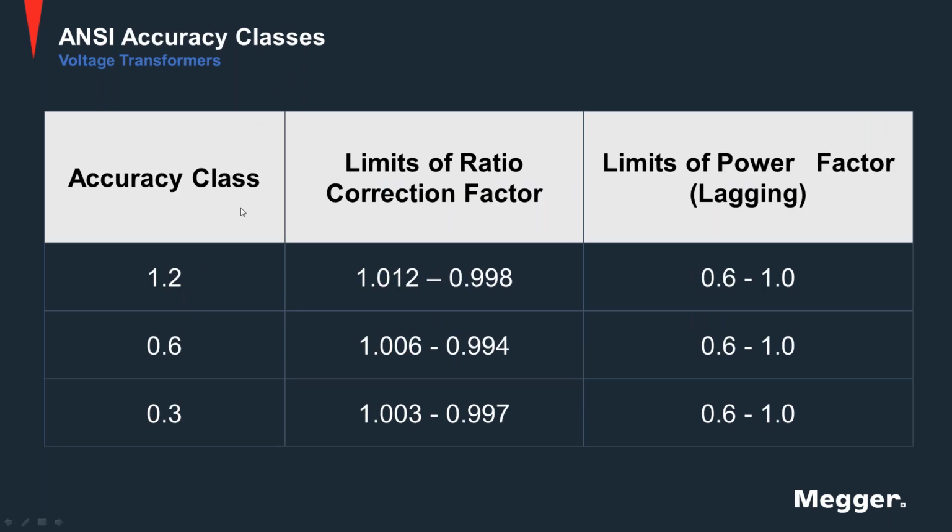For the voltage transformer accuracy, we have 1.2, 0.6, and 0.3, for example. And we have these limits of ratio correction factor, 1 to 0.99. And the limits of the power factor lagging is 0.6 to 1. So these are just examples of the accuracy classes of the VT.